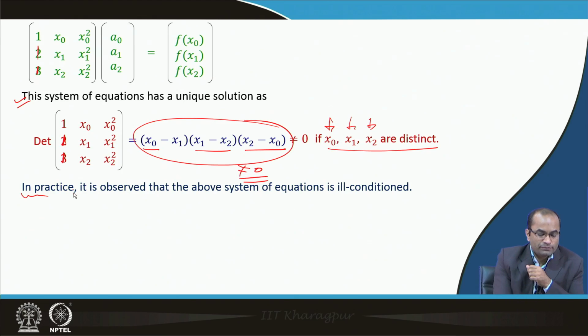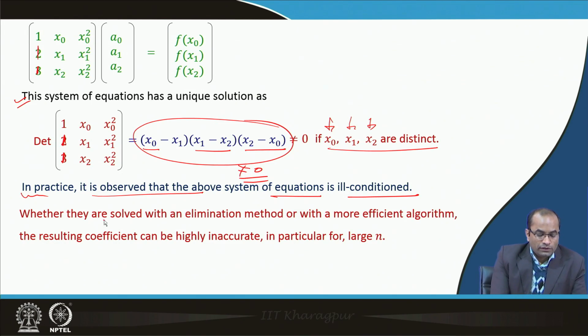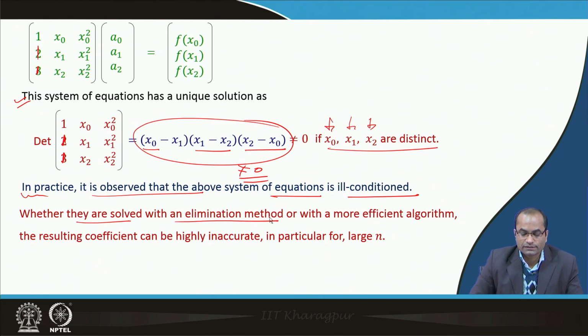The reason is that in practice it is observed that the above system of equations is ill conditioned. What do we mean by ill conditioned here? The system of equations is solved with an elimination method like Gauss elimination etc., or iterative methods we have already discussed.